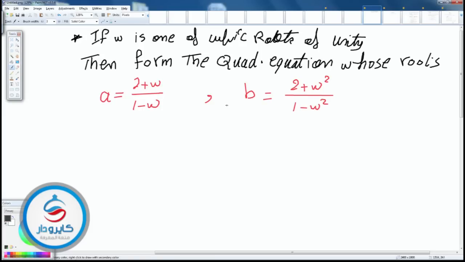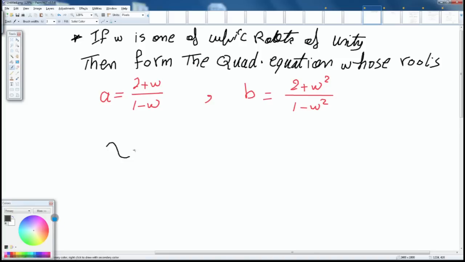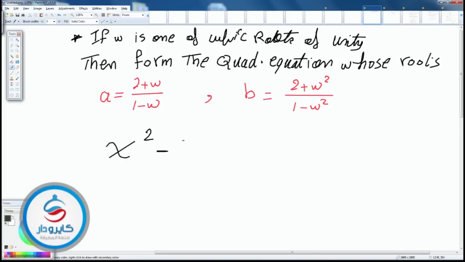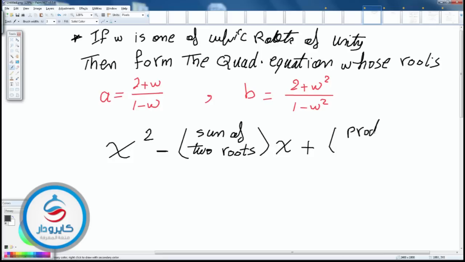When we are going to form the quadratic equation, as we know, the equation will be x square minus the sum of two roots times x plus the product of two roots.